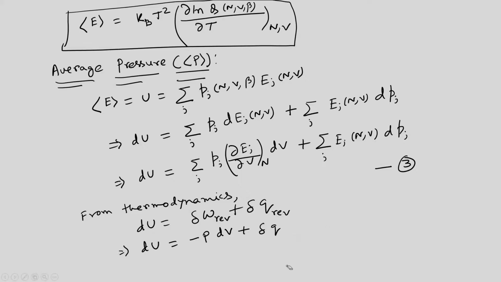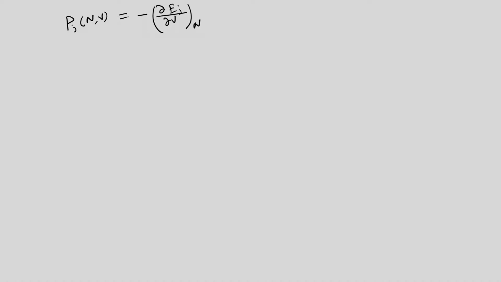Now, suppose this is our equation 4. If you compare the coefficients of dV of equation 3 and 4, what we obtained is that Pj is minus del Ej by del V at constant n.